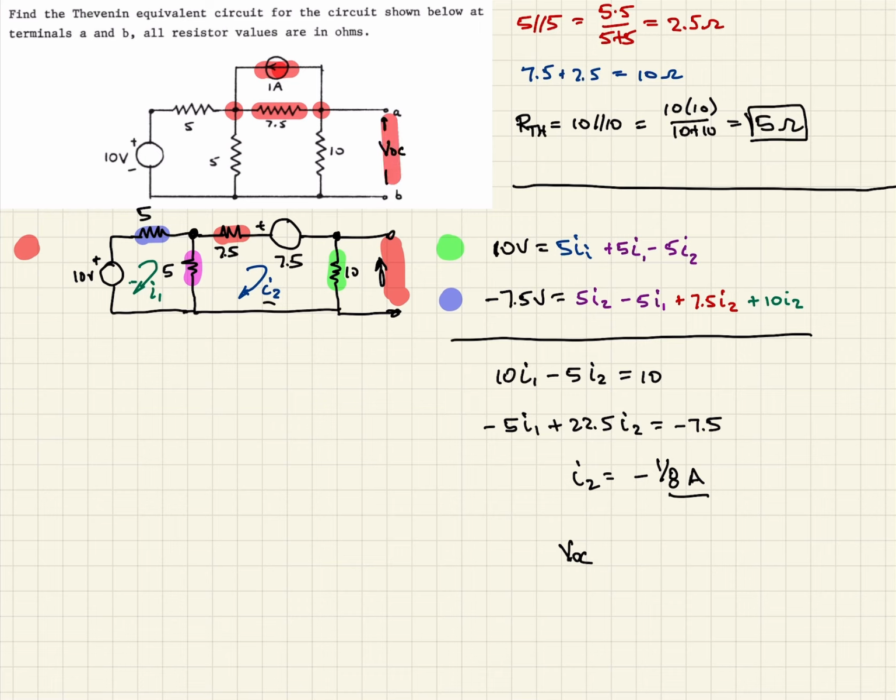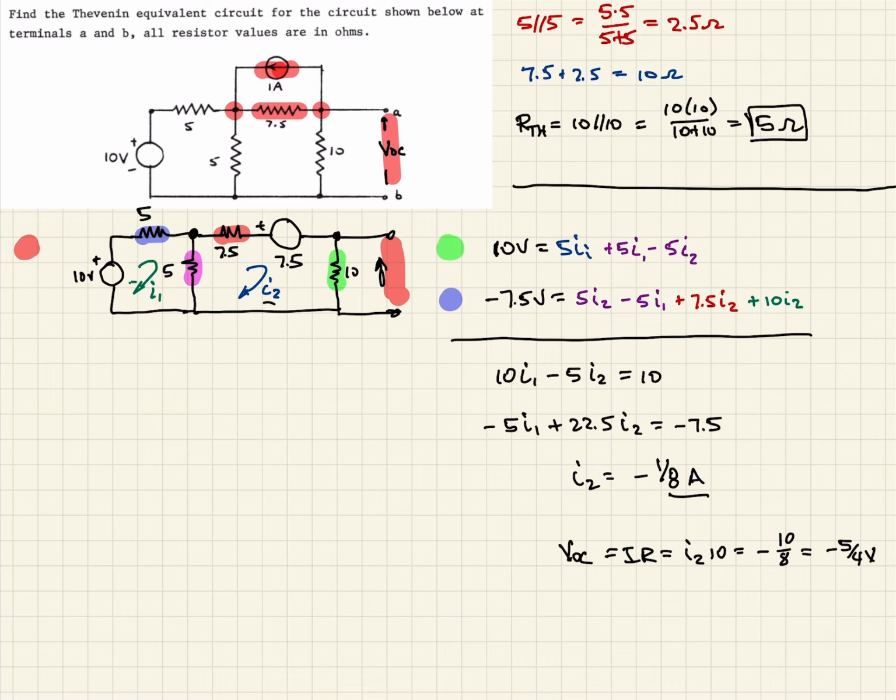What that will equal, using Ohm's law, is just current times resistance. So in this case, the current is I2, and the resistance is 10. So then that'll be minus 10 over 8, right? And so we can reduce that to be minus 5/4 of a volt.